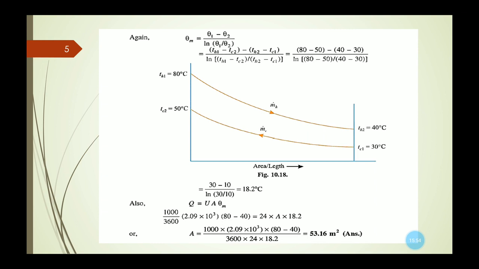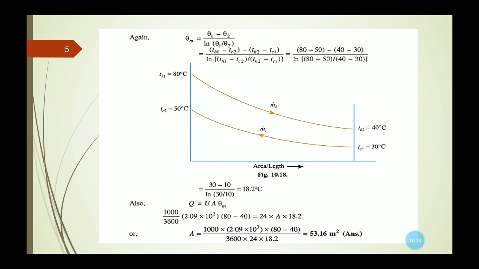First we need to calculate the LMTD value of this counterflow heat exchanger. So theta m equals theta 1 minus theta 2 divided by ln theta 1 by theta 2. All these things for theta 1 and theta 2 are known to us. From these temperature differences we can calculate theta m, that is the LMTD, which is 18.2 degrees centigrade.